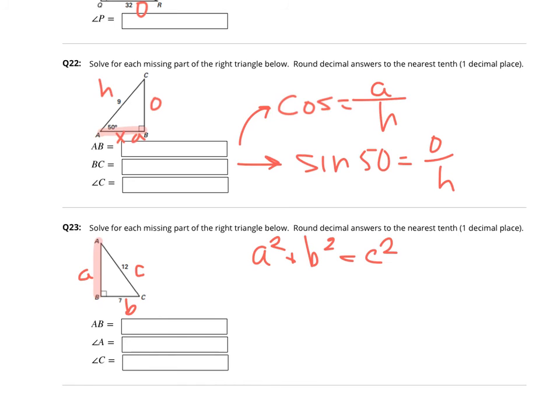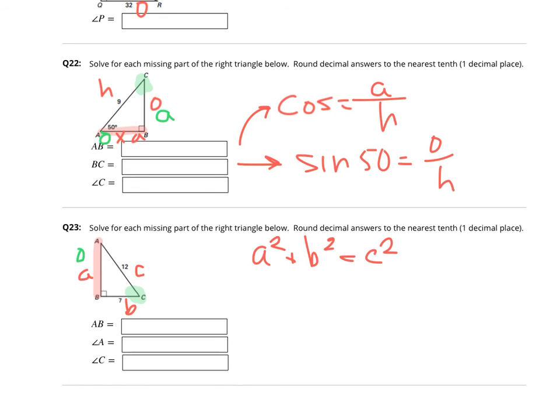Now, to figure out angle C, in both of these, you got to use an inverse like we just did up above. So angle C is your reference angle, which would make this the opposite side, this the adjacent side.